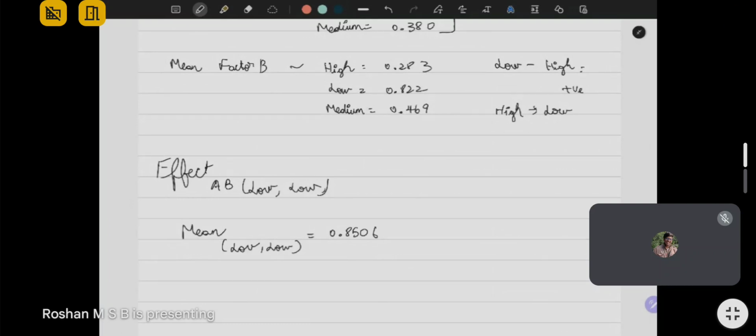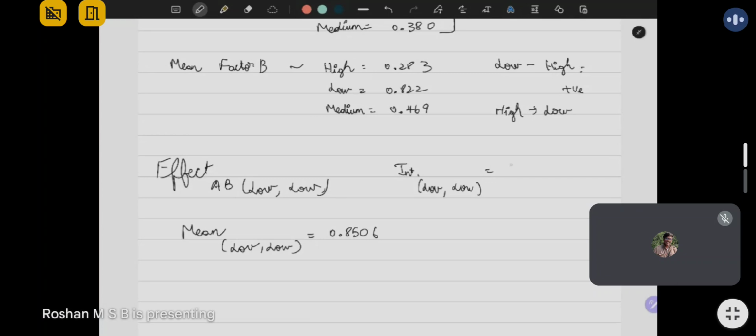You can get the interaction effect between low and low like this.